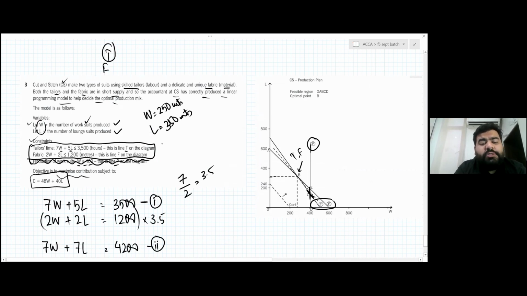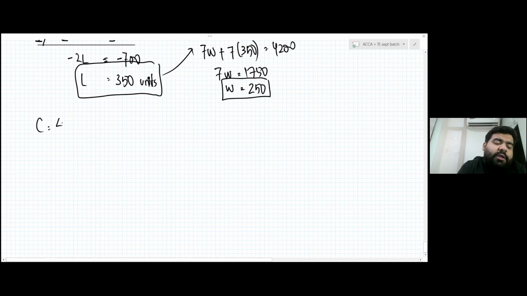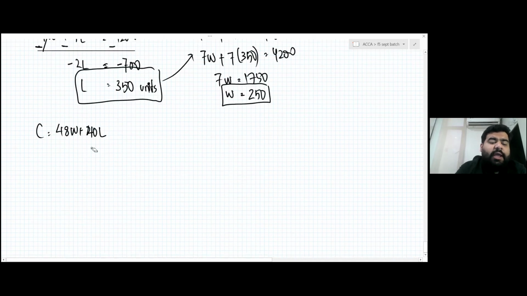This is the normal units. And if we want to calculate the normal contribution, the contribution equation is given: 48W plus 40L. So we can calculate that. The number of units of W is 250 and the number of units of L is 350.